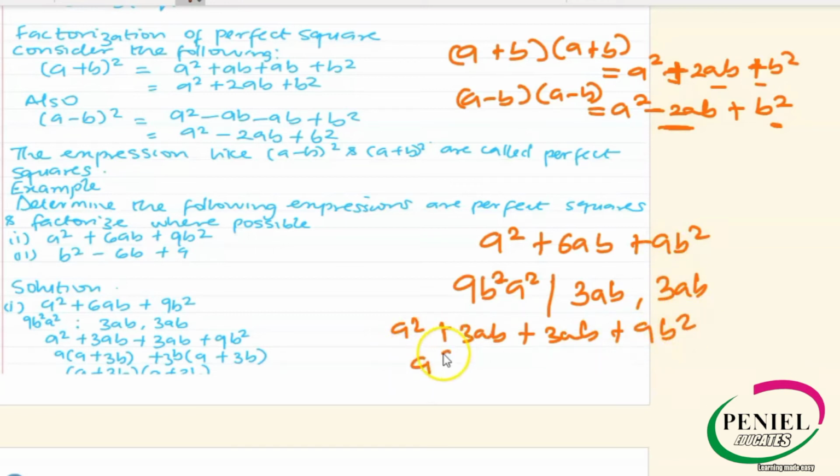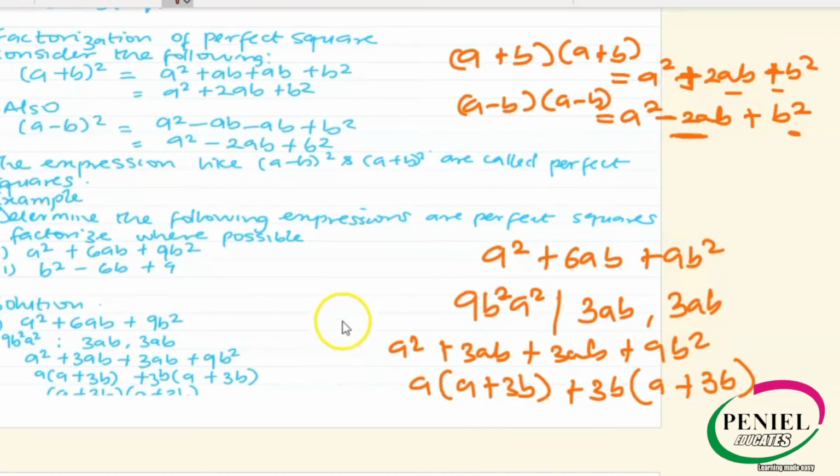So this is going to give me a into (a + 3b), then plus 3b, where b is common here, into (a + 3b). So then you have (a + 3b) into (a + 3b).